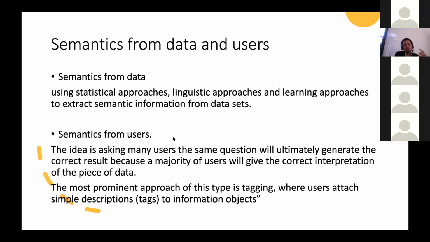In semantics from users, we ask the users to annotate, to tag the data, to add descriptions about the data. We believe that if the users are responsible people, then the tags they made will be available resources for us. It will give the correct interpretation of the piece of data.